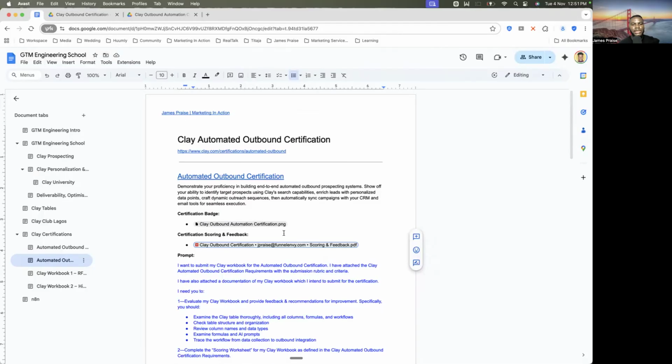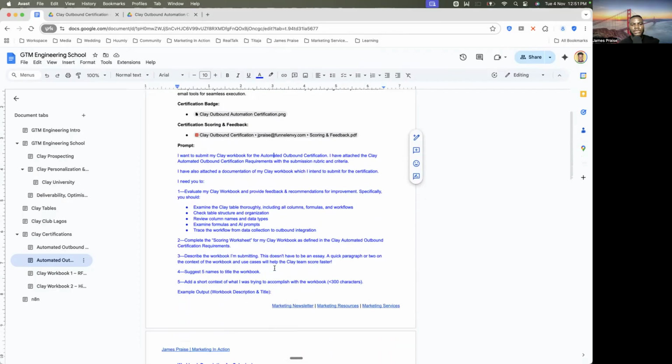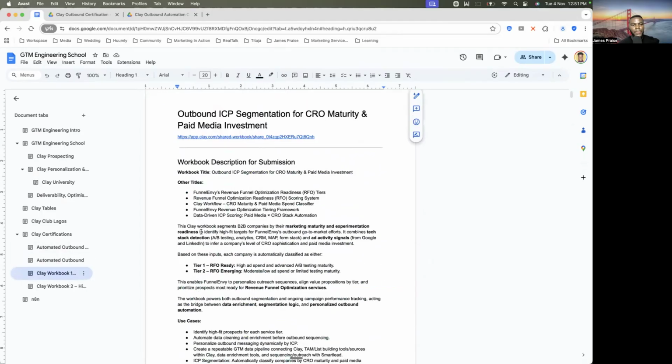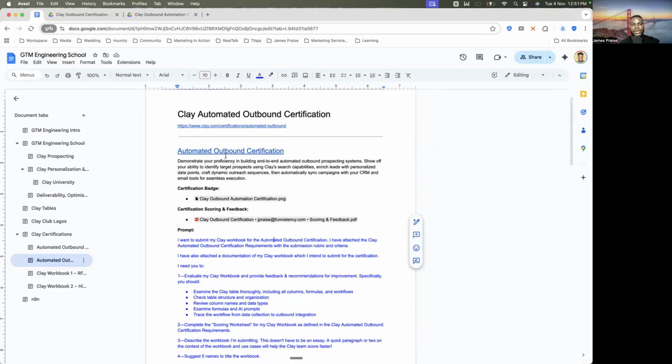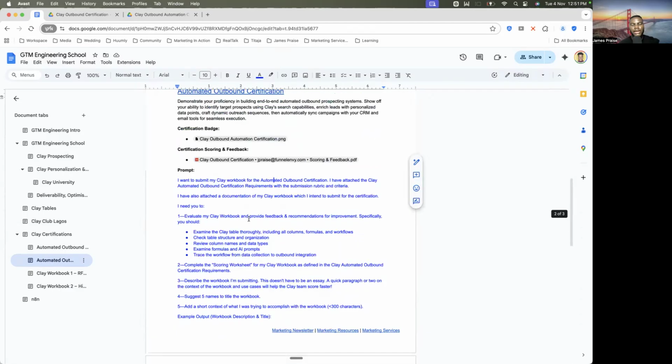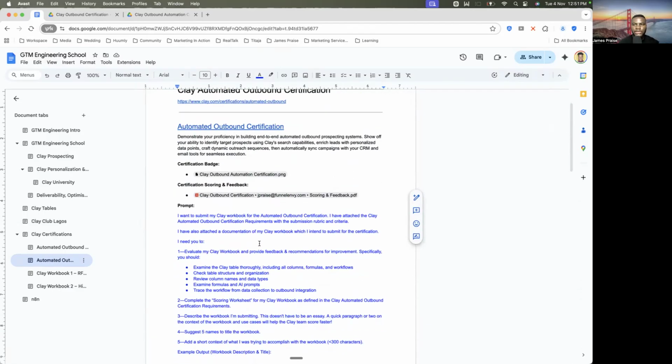And additionally, I developed a prompt that helps you to review your Clay table, right? So if you build a Clay table and you have the documentation the way I have, you can download this documentation of my table, my Clay workbook. So I downloaded that. I downloaded the outbound certification requirements as well, and then with my prompts, I fed that into ChatGPT to give me a score.